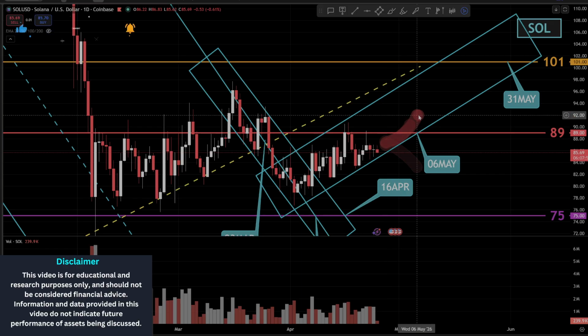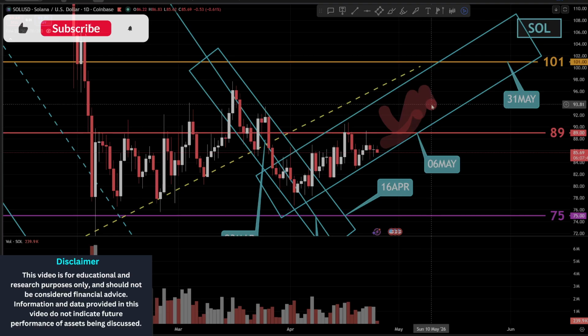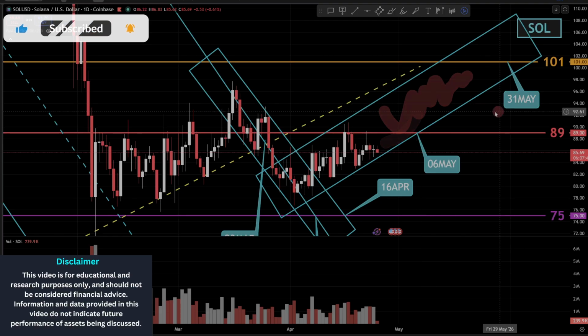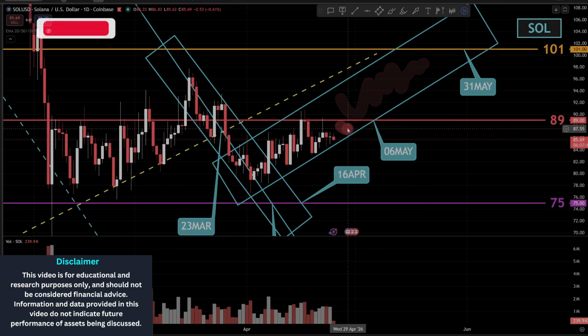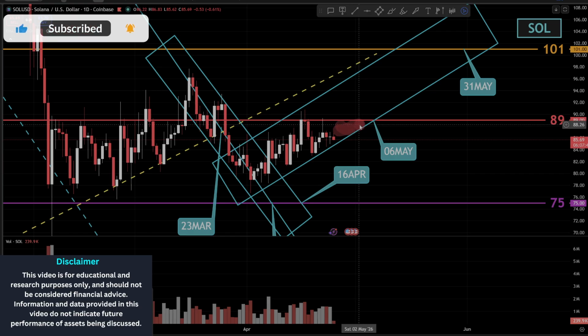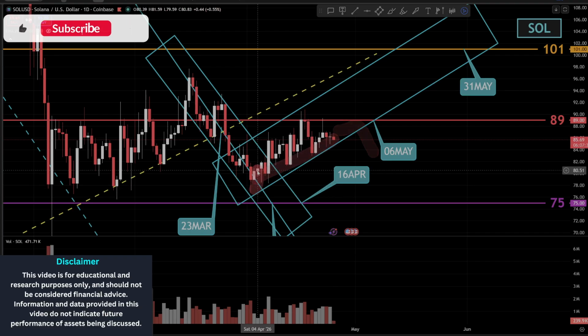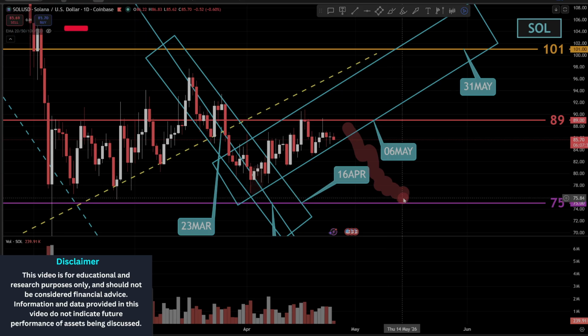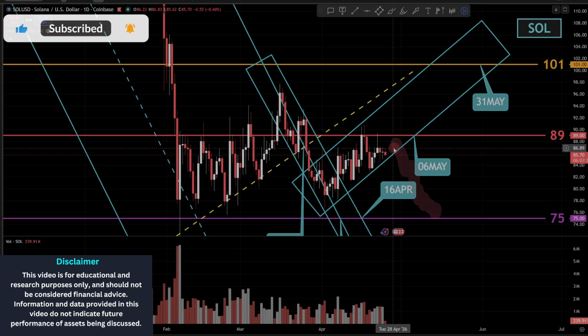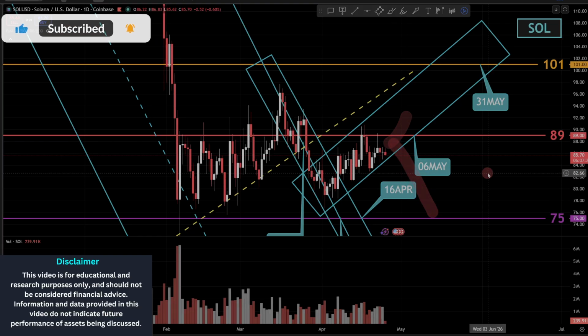Either it breaks above the $89 and continue to go challenge the 101, or the second option, it gets rejected and breaks the support of this uptrend that started in the beginning of April and comes back to test $75 again. There are only two options over here.